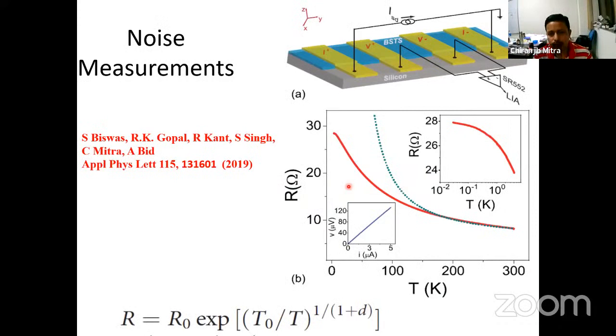This was also seen through some noise measurements that we did subsequently, in collaboration with Professor Avik Bid at ISC Bangalore. We got this BSTS sample, and it was patterned, and we made the structures. These are the gold contact pads.